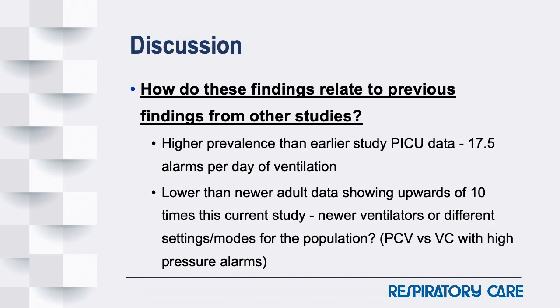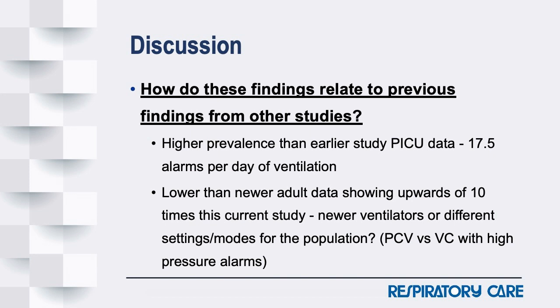For example, in peds, they might be using pressure control a little more heavily, and in adults, they might be using volume control, and we know high pressure alarms can be a high contributor to alarms in adults if you've ever been in an adult ICU and listened to alarms there. So certainly this pediatric data is a little higher than previous published studies, but it appears that it's right in the range of previous data from other studies.